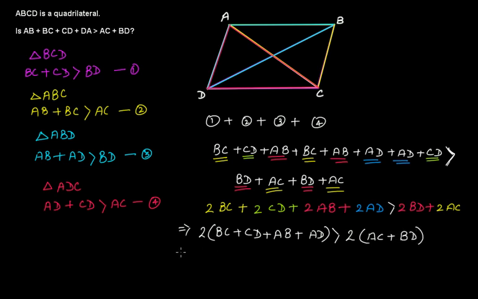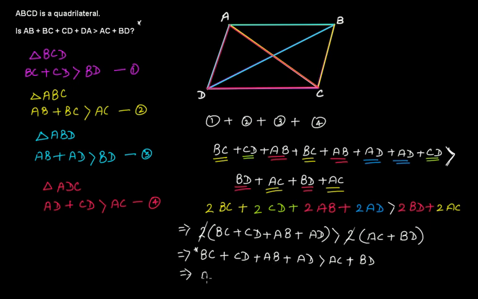Now 2 is here and 2 is also here, so it gets cancelled, so BC plus CD plus AB plus AD is greater than AC plus BD. If you want to rearrange it, you can do it, because we have proved it, we have finally reached that stage.